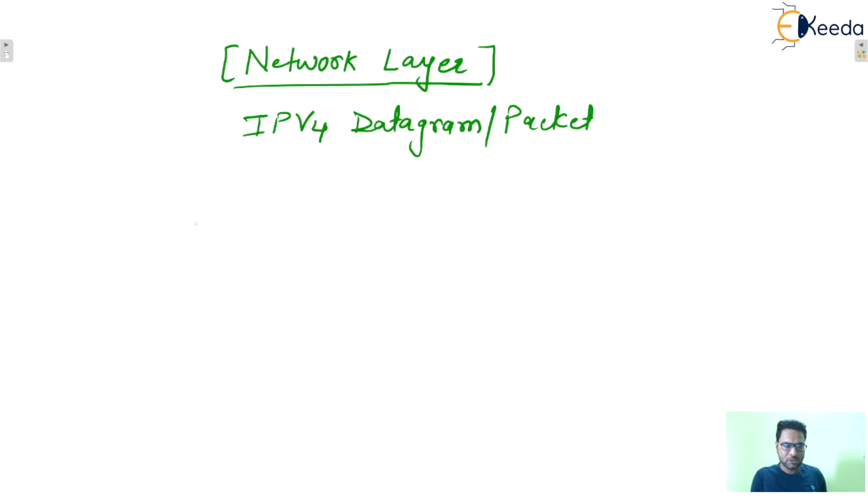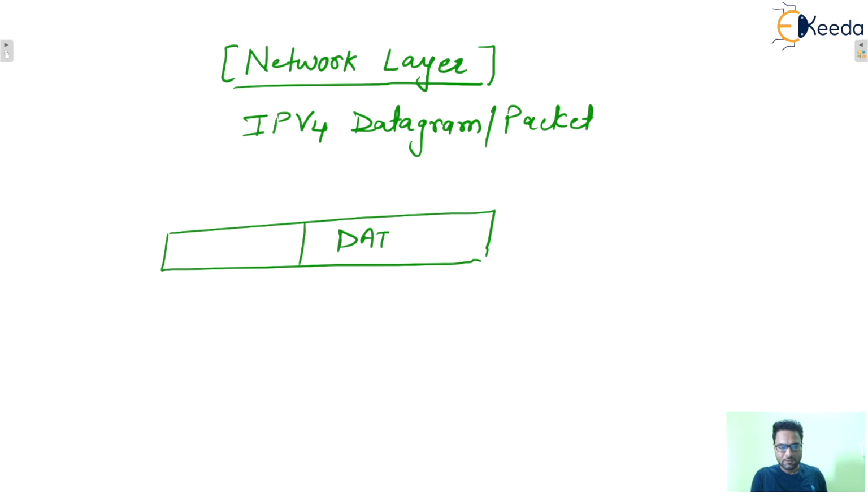contains two fields. This is data, sometimes also known as payload, and this is the IP header, which is attached by the network layer.